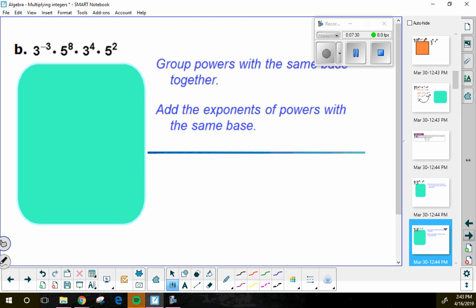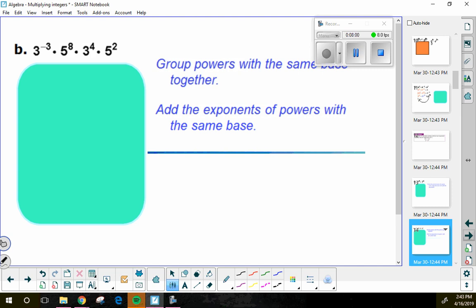So we're just going to add the exponents of each different base. When you're done, just leave it as 3 to the whatever. Don't give me a number answer. I just want to see your bases and exponents.